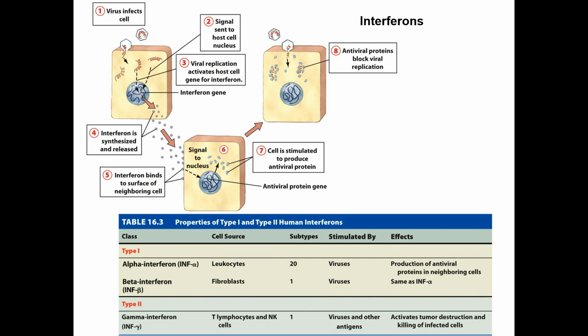In this case, interferon synthesized is released by the infected cell, and it binds to nearby neighboring cells. And it triggers that particular cell to then begin secreting antiviral proteins, so that it blocks the viral replication. If a virus happens to enter that cell, it already knows that a virus is nearby, so it's already on the defense.